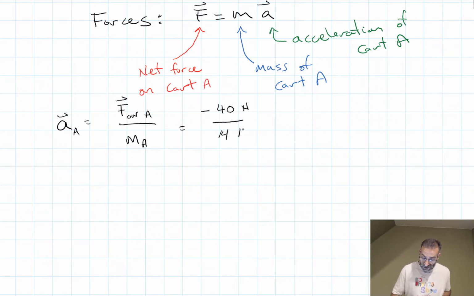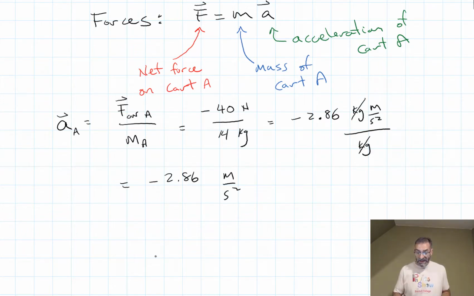The mass is 14 kilograms. That gives me 2.86 in the negative direction. Units for newtons are kilogram meters per second squared and kilograms for mass. So I get 2.86 meters per second squared in the negative direction.